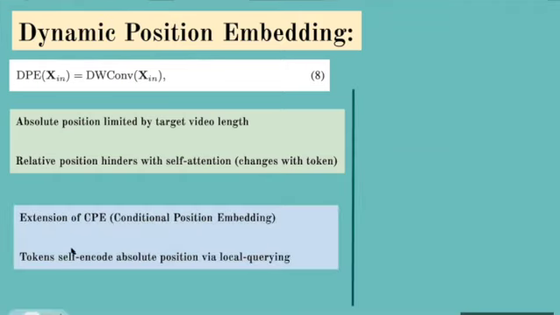Now, what they say is dynamic position encoding, embedding, is an extension of conditional position embedding. When they proposed conditional position embedding, they said they are using just relative positioning, but not absolute positioning. But in dynamic position encoding, they use both relative and absolute positions.